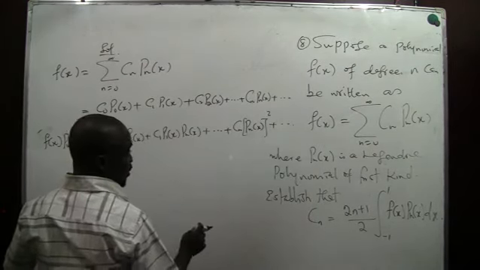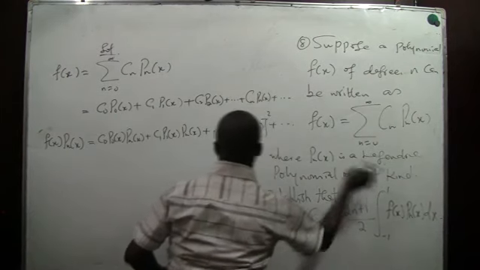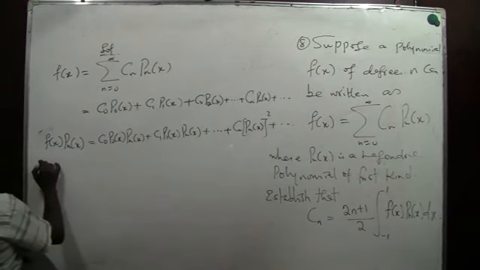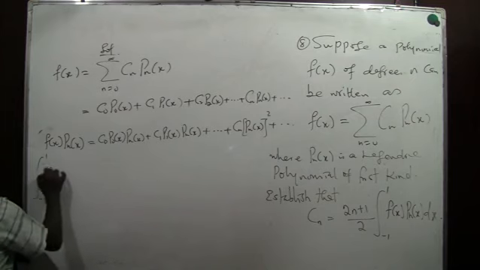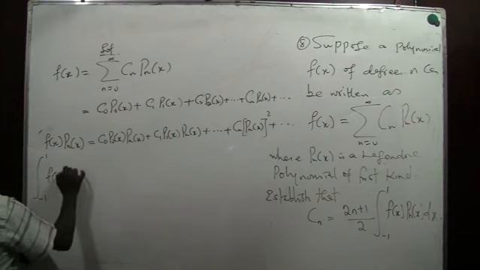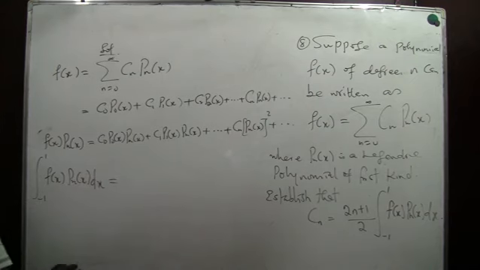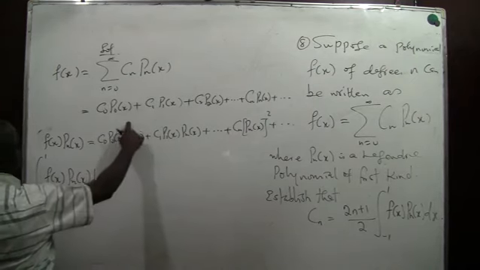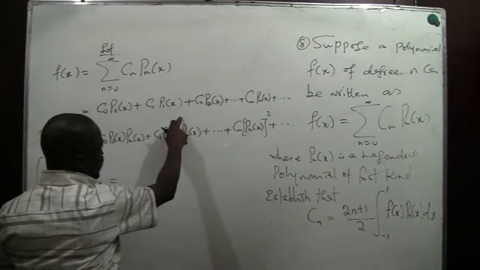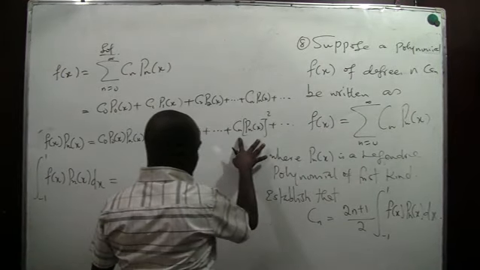Now let us integrate between minus 1 and 1. Integrate between minus 1 and 1 of f of x Pn of x dx. By the principle of the orthogonality property, this becomes 0, this becomes 0, every other term becomes 0 except this.